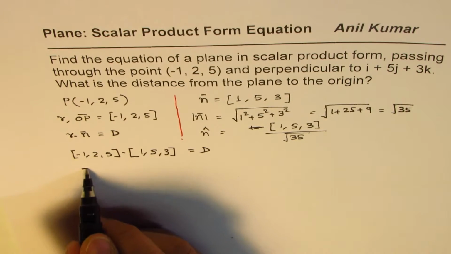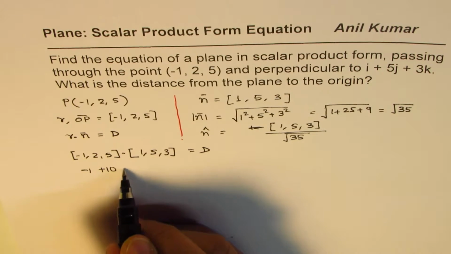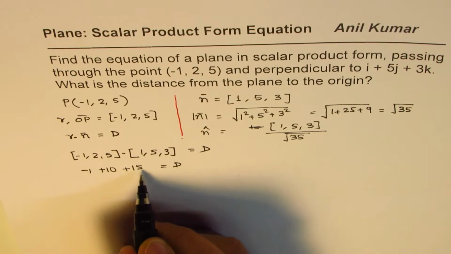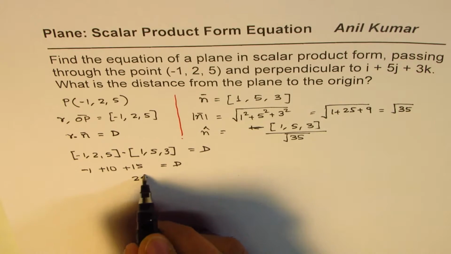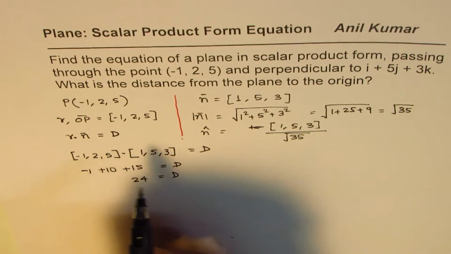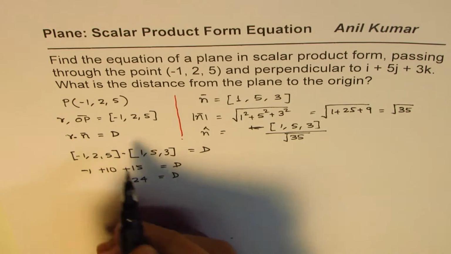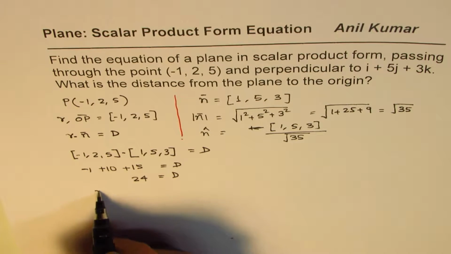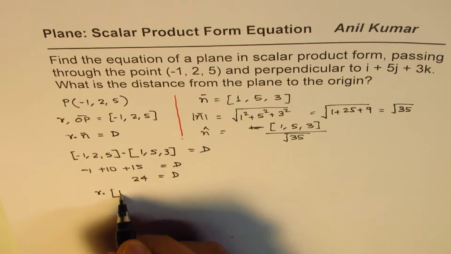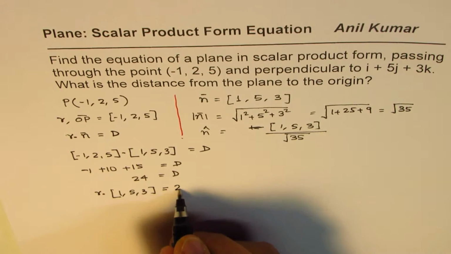So -1, 2 times 5 is 10, plus 5 times 3 is 15, and that is equal to D. And that is 24, right? So 24 is equal to D. So the equation in scalar product form, in the vector form, is r dot the normal vector (1, 5, 3) is equal to 24.